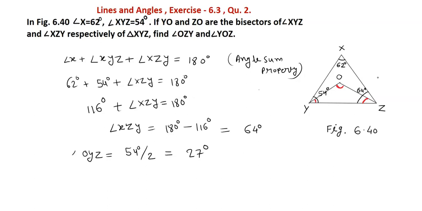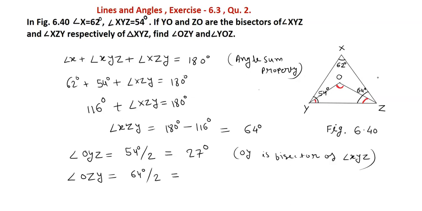Why? Because OY is the bisector of angle XYZ. Now, like this, OZY. Angle XZY is here 64 degrees and OZ is the bisector, so we will get its equal parts.